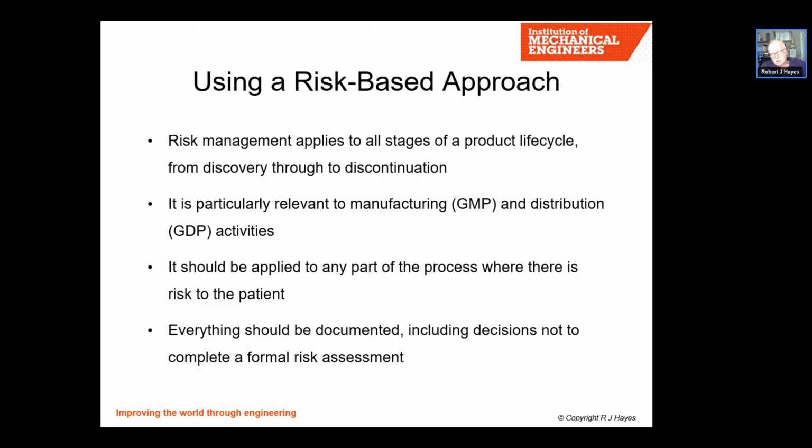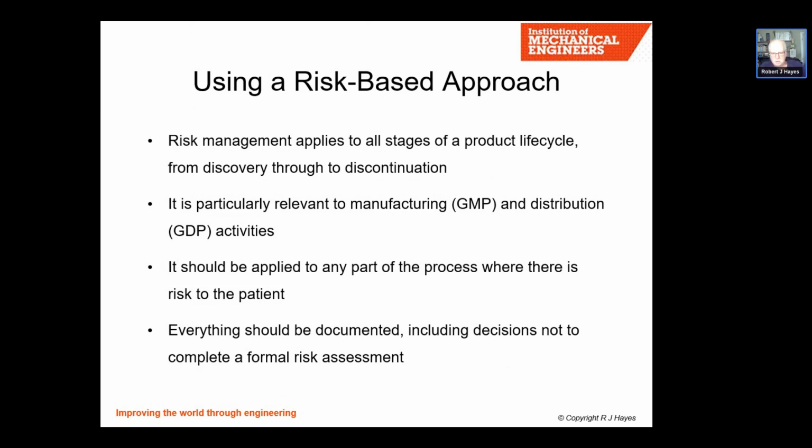And it's applied to any part of the process where there's a risk to the patient. So the processes that you use within your organizations need to be understood, and the effect of things going wrong within any part of the process needs to be understood, and whether that has an impact on patient safety needs to be understood.